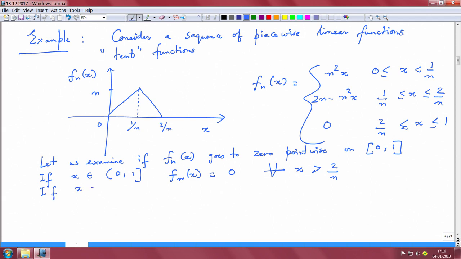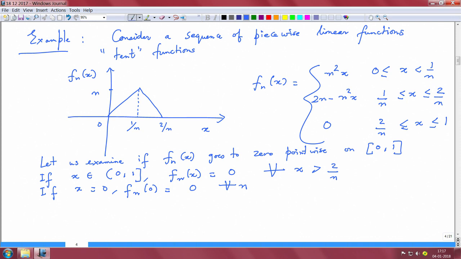If x equals 0, f_n(0) equals 0 for all n, because you have n squared x, and you plug in x equals 0, so for all such n this is 0. Therefore, this function f_n(x) goes to the 0 function pointwise over the interval 0 to 1.